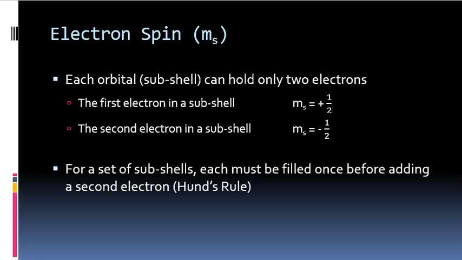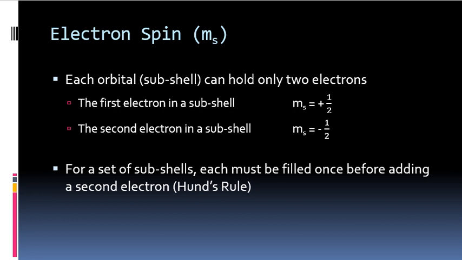Therefore, if 2 electrons are in the same subshell or in the same orbital, they would have the same principal quantum number because they're at the same energy level. They would have the same angular momentum quantum number because they're in the same shell. And since they're in the same orbital, they would have the same magnetic quantum number. Therefore, since orbitals can hold up to 2 electrons, the electron spin is a value used to distinguish whether you're talking about the first electron in an orbital or the second electron in an orbital.